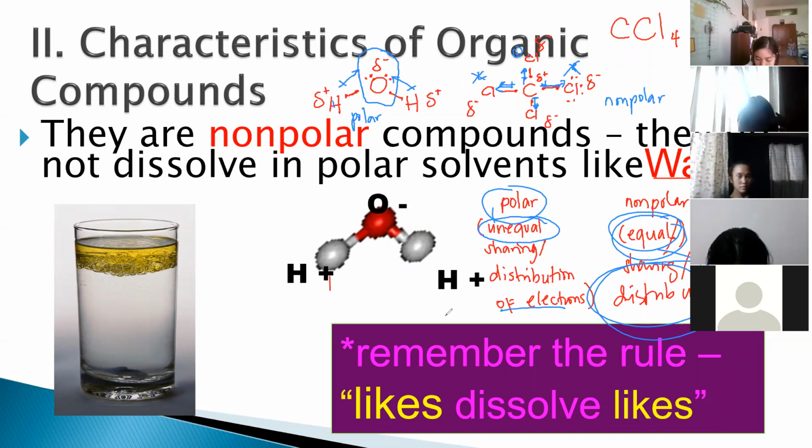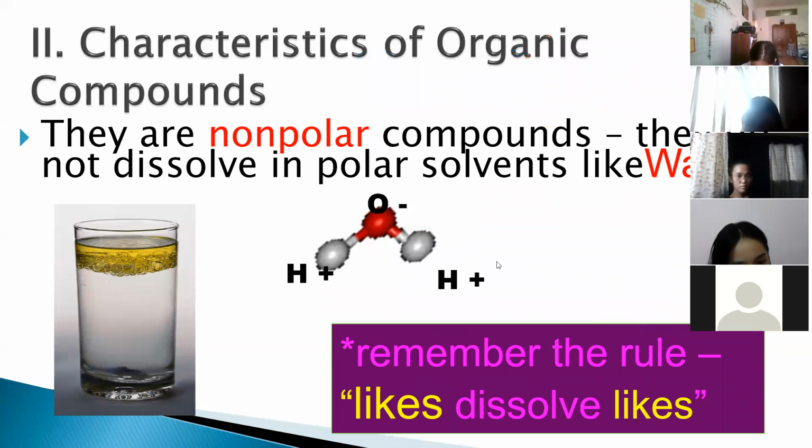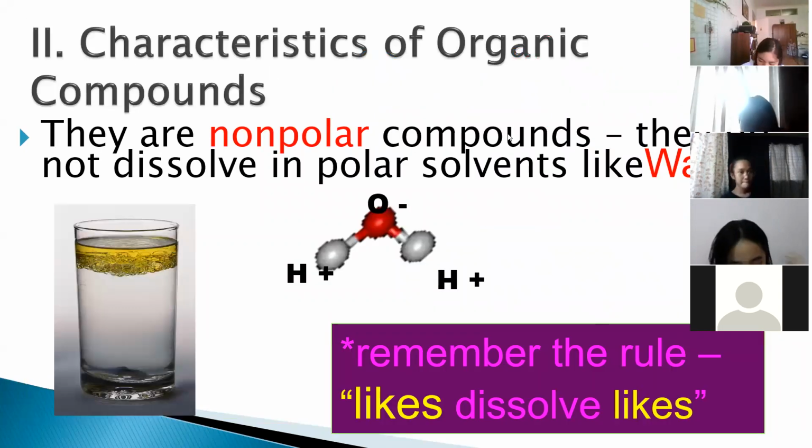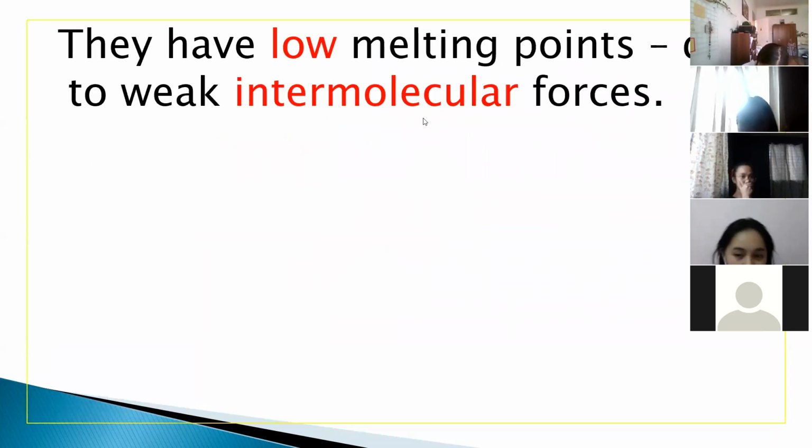But basta ang inyong tandaan, the movement is going to the negatively charged or negative side of the molecule. Yun yung may mga extra na mga electrons that are actually not shared or they are not bonded. Okay? So that's the first characteristic of our organic compounds.